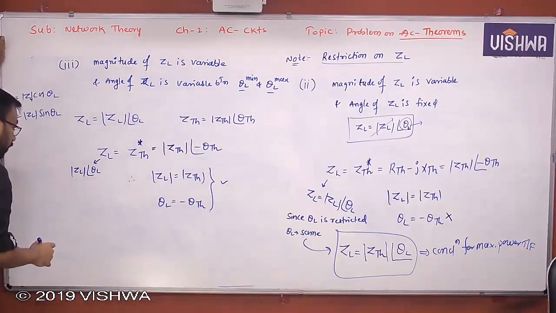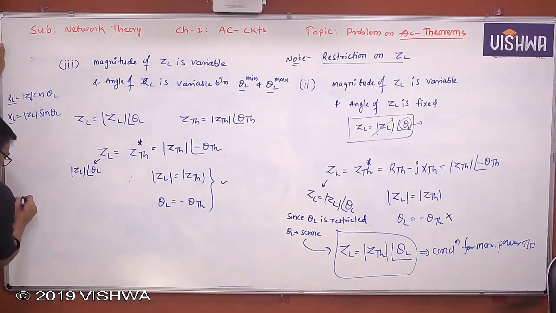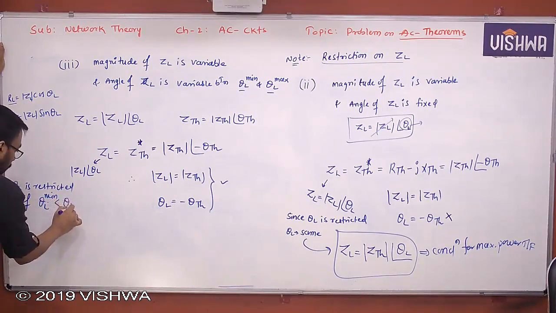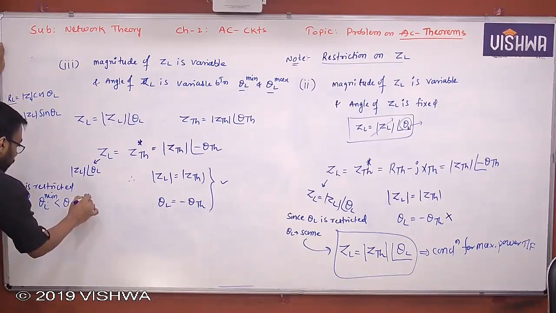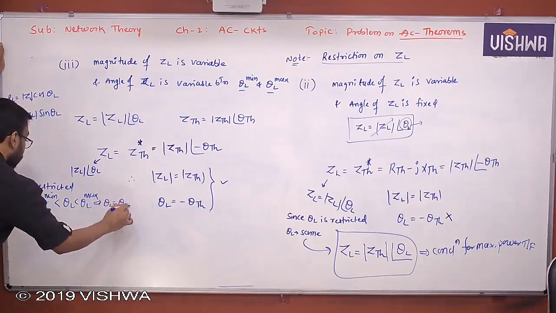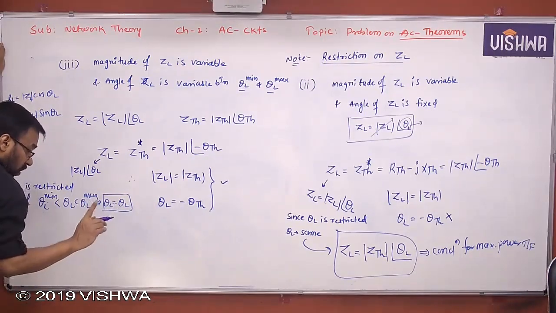So what I do is I fix the ZL value equal to ZTH, no doubt, but I'm worrying about this angle. Since theta L is restricted, if theta L is between theta L minimum and theta L maximum, then theta L remains theta L only. Understand? You got the point, all of you?